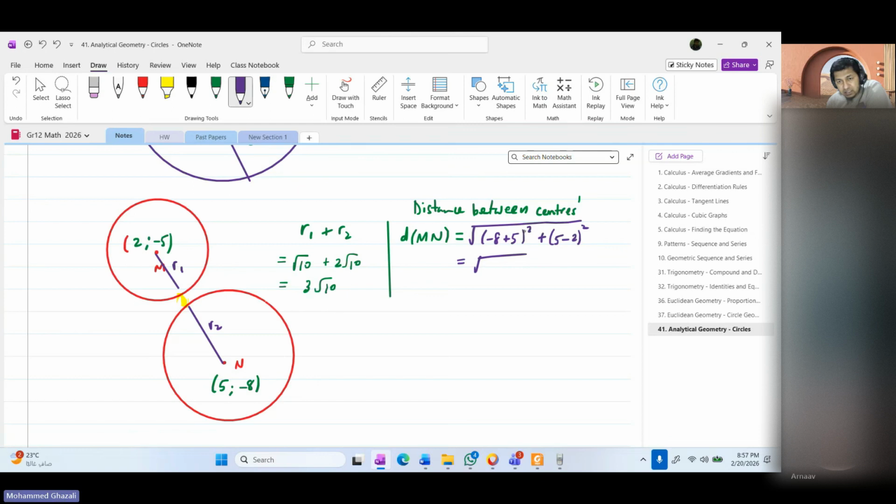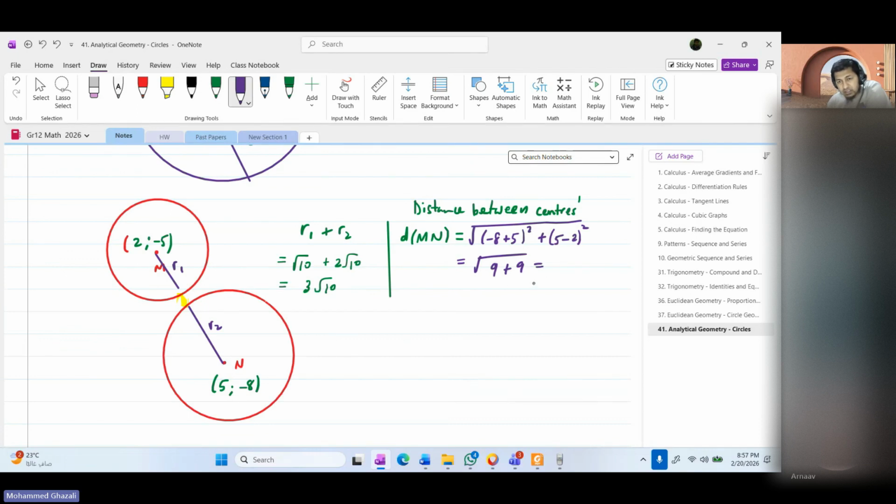So that is 9 plus 9, because this is y2 minus y1, minus 8 minus -5. That's minus 3 squared, which is 9. And 5 minus 2, which is 3 squared, which is 9.